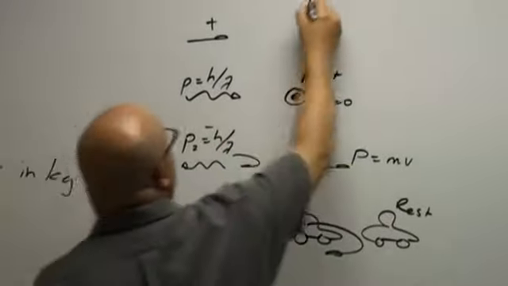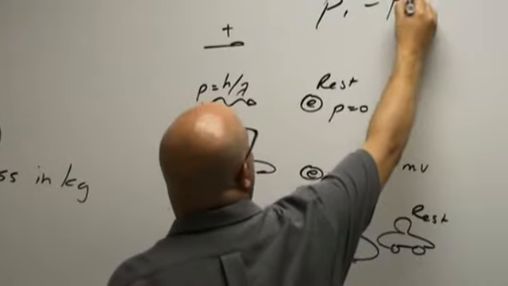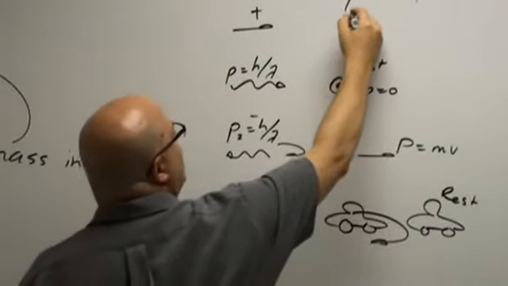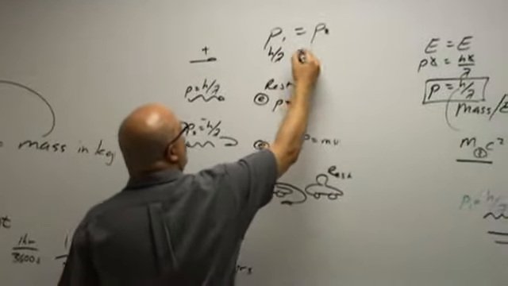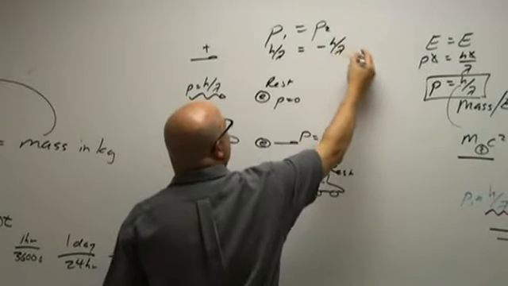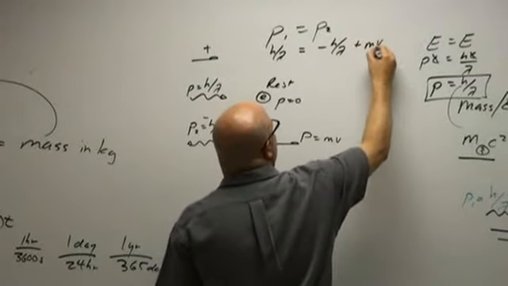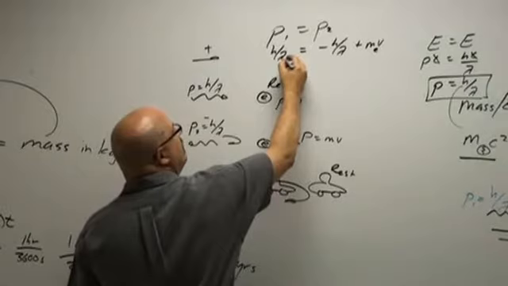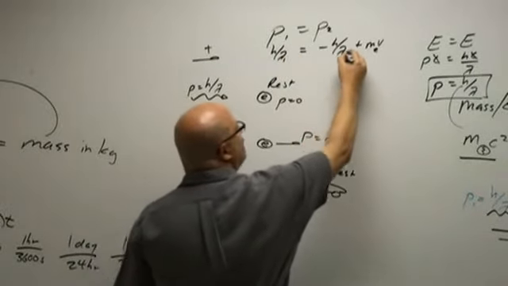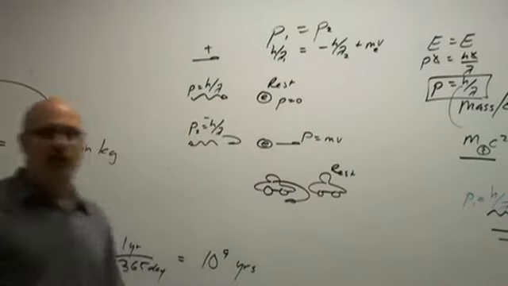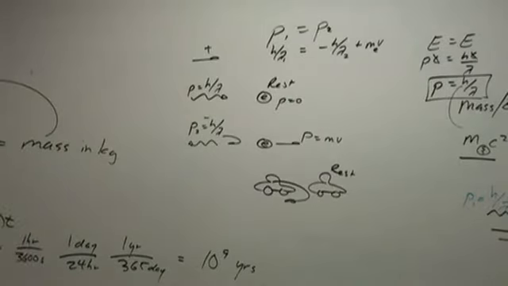Momentum before equals momentum afterwards. So I get h over lambda before equals negative h over lambda plus mv for my electron. Now be careful. This is going to be wavelength 1, and that's going to be wavelength 2. They won't be the same wavelength. So it's just momentum, but now we've got a photon to deal with.